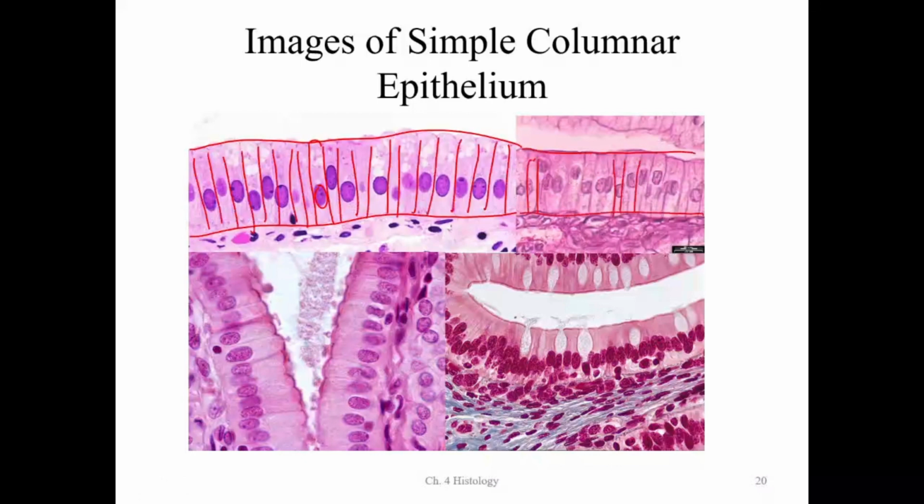You're probably starting to see it pretty well. Now, these are all simple columnar epithelium. This is kind of doing more like a zipper right here, but that's still simple columnar epithelium.